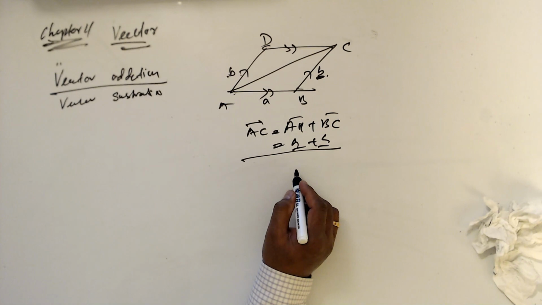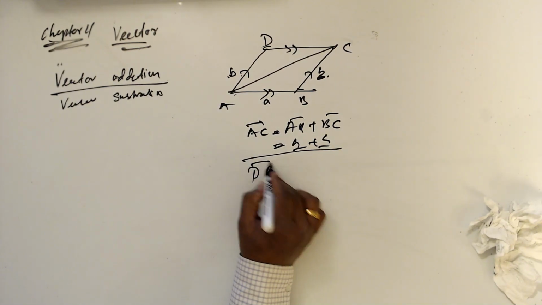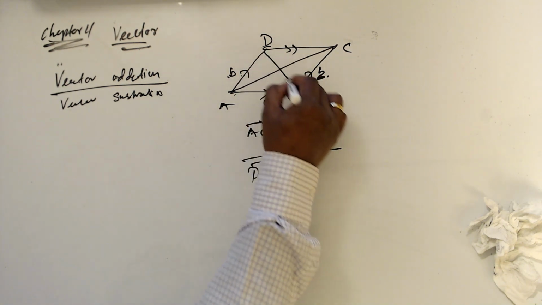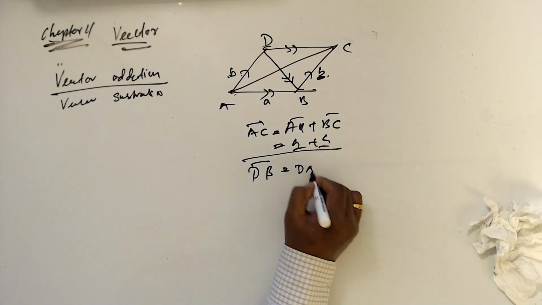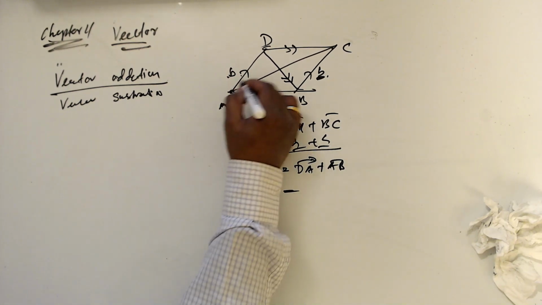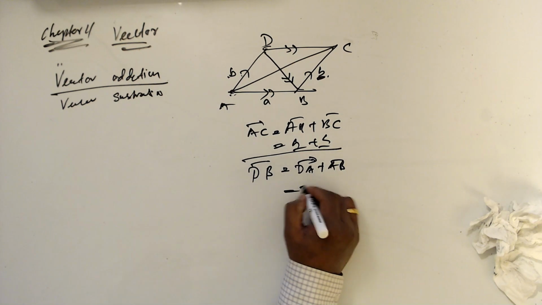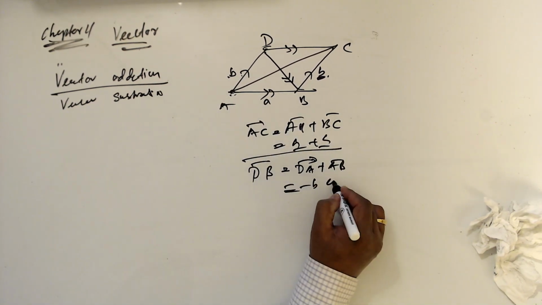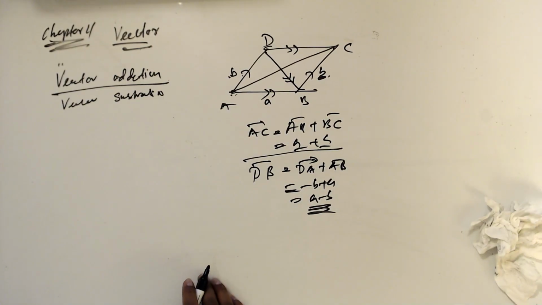What does DB mean? DB means DA plus AB. DA means minus B, and AB means plus A. So this is A minus B. This is vector subtraction.